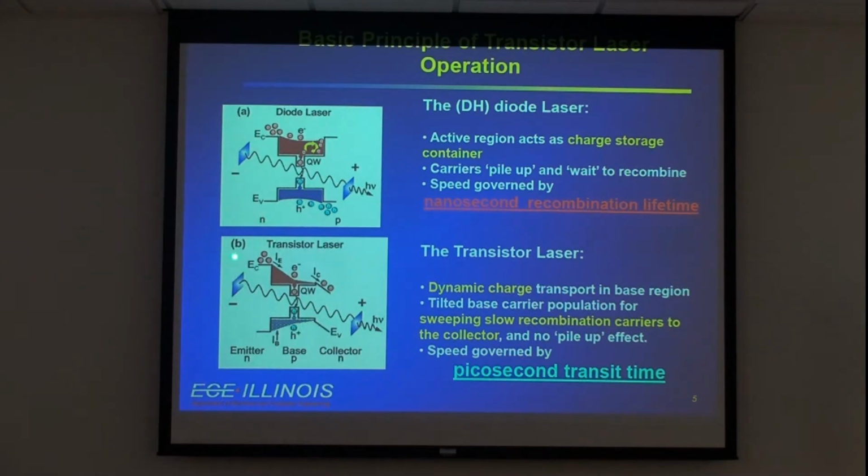Although we have lots of current coming in, the storage of carriers inside the base is very low, because the carrier flow mainly depends on diffusion, the slope here. When electrons come in, some recombine. Those that cannot recombine fast will be swept out to the collector. That's why we can achieve a very fast transit time, which we'll show you later.